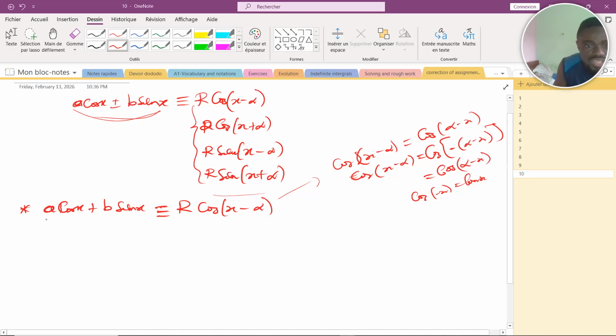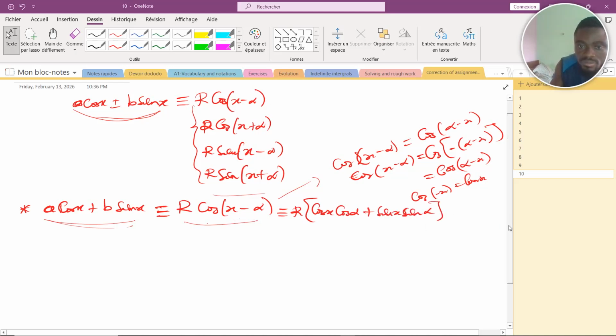Our aim is to transform this into this, so we want this to be identical to this. The first thing I do is develop this. It would be identical to r times, using the trigonometric transformation formulas, cos x cos alpha plus sine x sine alpha.